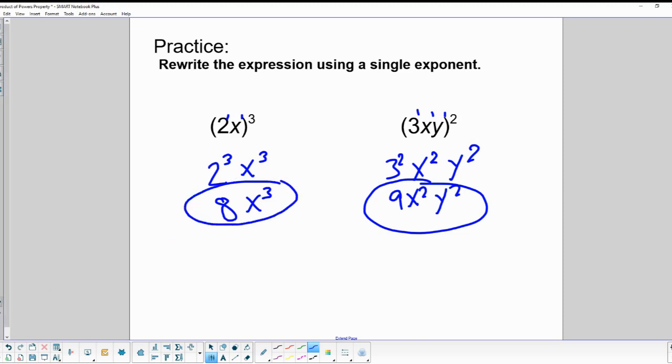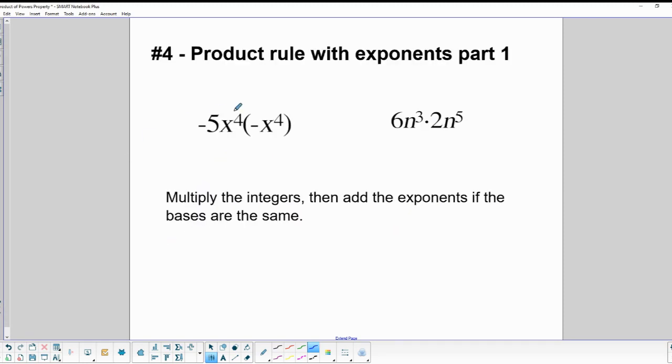Okay, let's keep going. And we're up to the number 4 right now. So take a look at this particular one. We've got negative 5x to the fourth times negative x to the fourth. So when we go inside the parentheses and see that negative x to the fourth, we've got to keep in mind that there's a 1 on there.